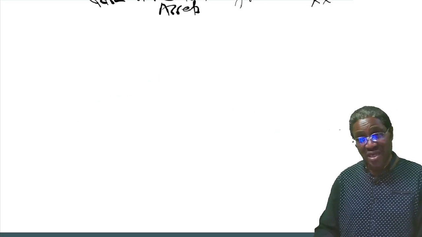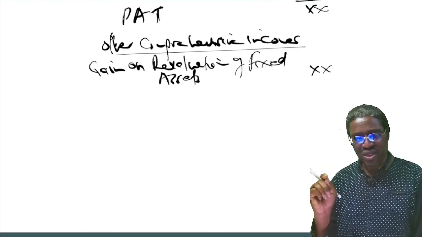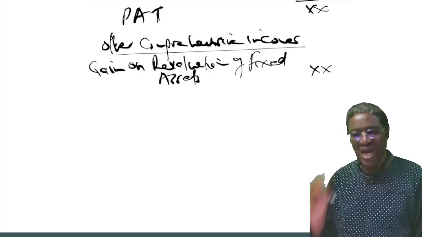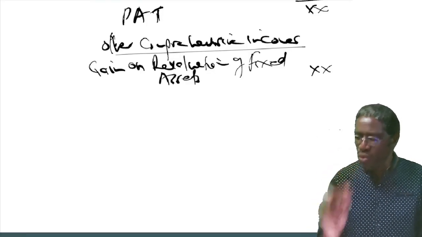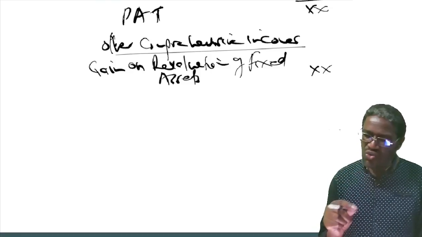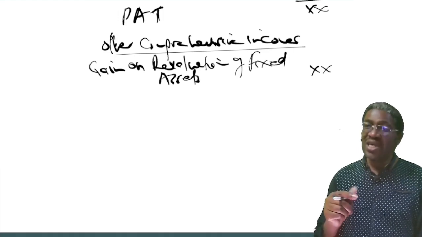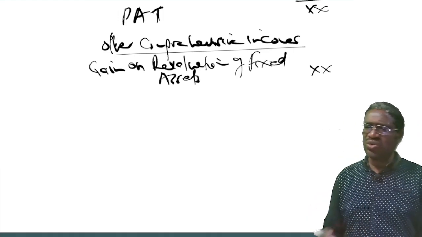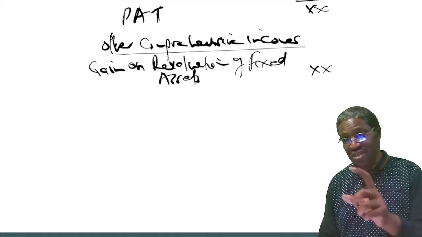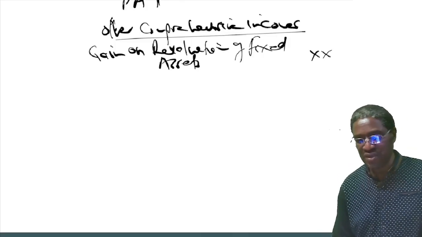So we are now assuming that you have an idea of another example. If your company has an exchange difference whose rules don't require you to take that gain to the income statement, yet it's a gain, then I'm required to show it under other comprehensive income.